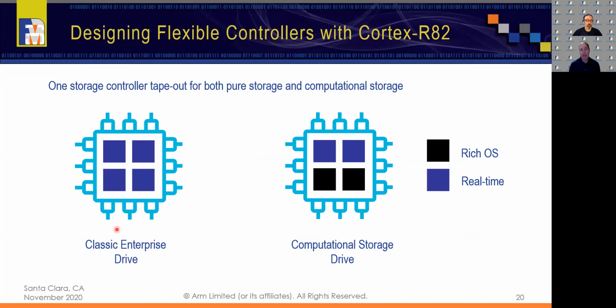Well, we can take that exact same controller and potentially repurpose it for a different product targeted at computational storage, where we've reallocated half of the cores in this example for running Linux, running a rich operating system. No changes were needed to the controller. Just rebooted those cores into Linux instead of running the real time. And this enables that computational storage drive to be created without actually having another tape out. And that saves a lot of development cost, a lot of mask set cost, and allows the product to be delivered very quickly.